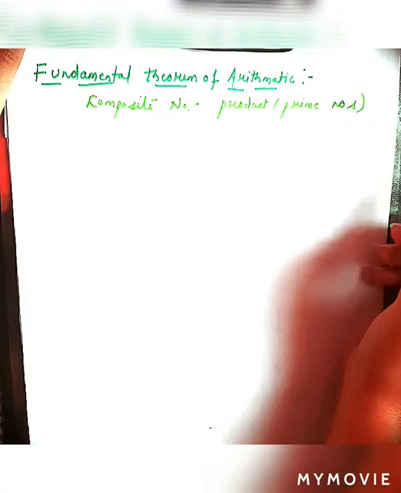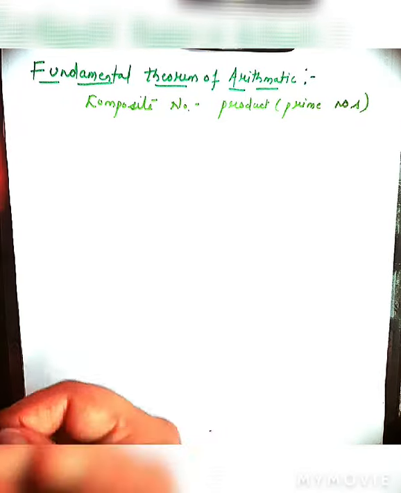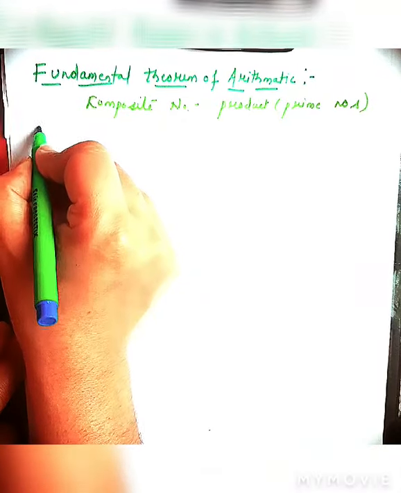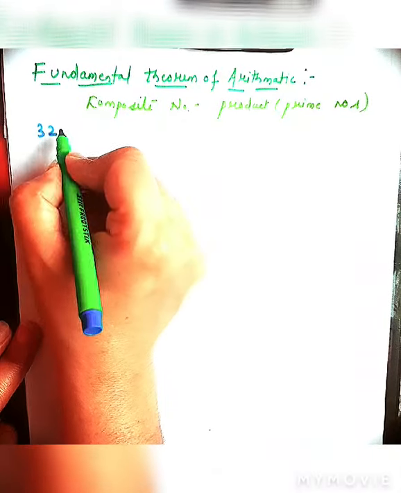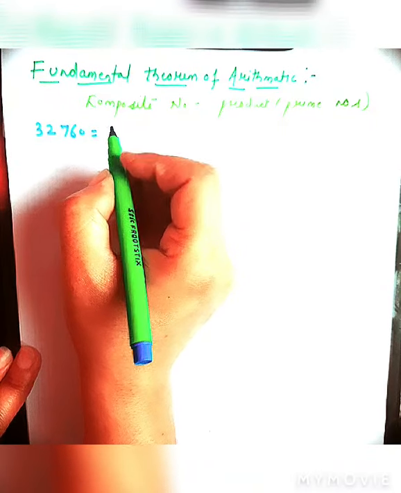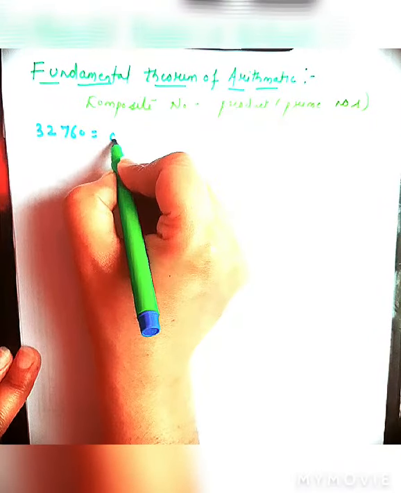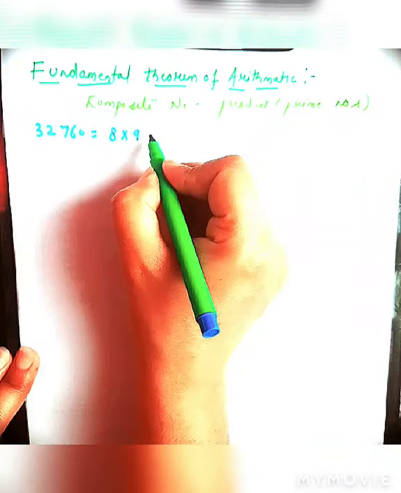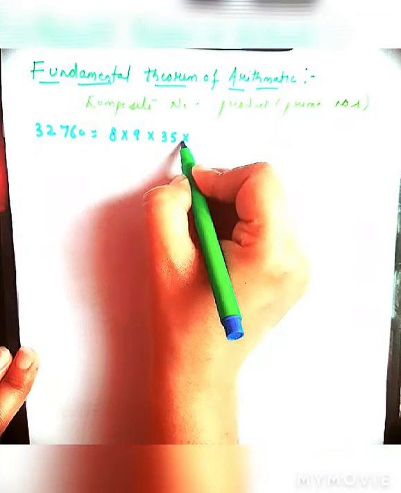For example, I would like to take an example of a number. Let us take the number 32760. This number can be written as 8 into 9 into 35 into 13.